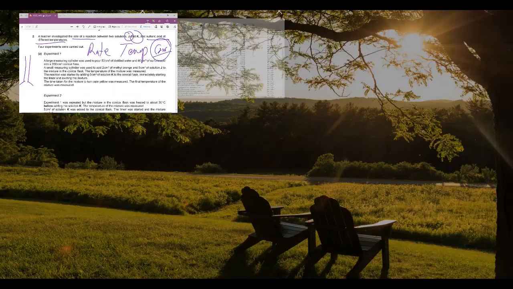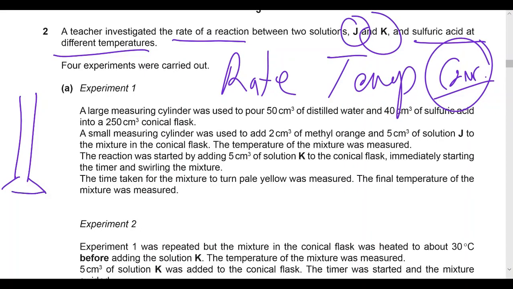In experiment 1, a large measuring cylinder, this one, was used to pour 50 cubic centimeters of distilled water and 40 cubic centimeters of sulfuric acid into a conical flask. Conical flask, this one, from its shape, it's conical.